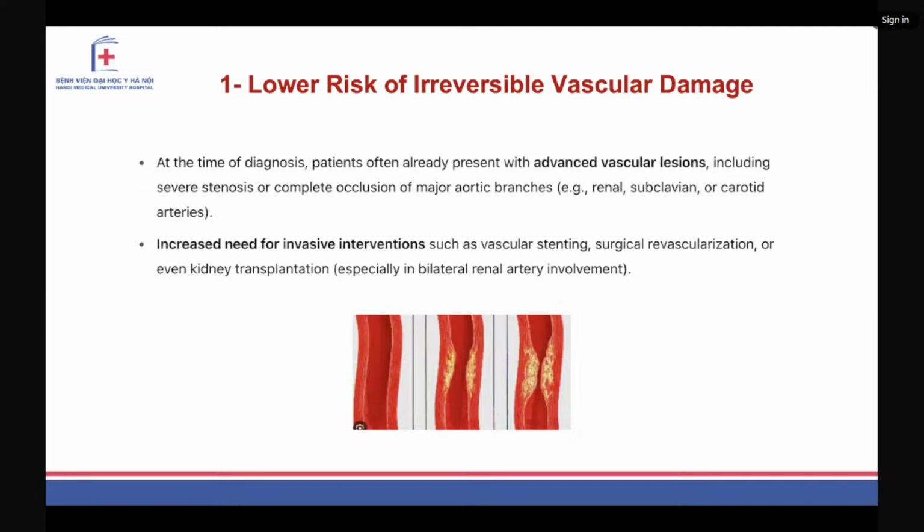By the time many patients are finally diagnosed, they already have advanced vascular lesions, and these can include severe narrowing, now known as stenosis, or even complete blockage of major arteries like the renal, subclavian or carotid arteries. And when damage has progressed this far, treatment becomes more complex. You can see the patient may require invasive intervention such as vascular stenting or surgical bypass, or in some cases even kidney transplantation.